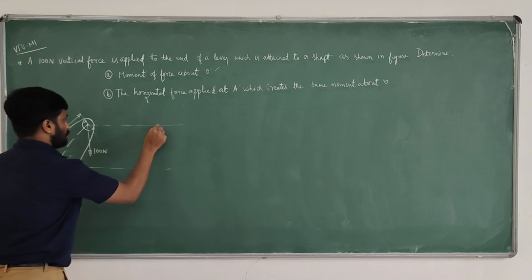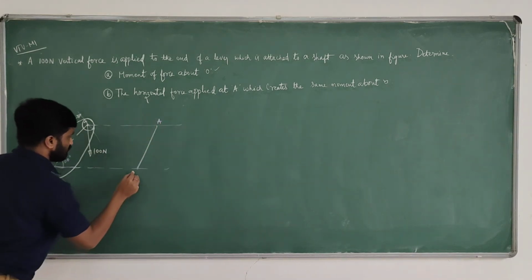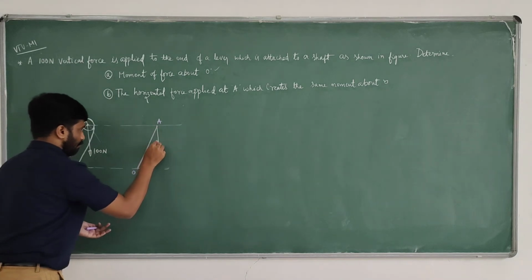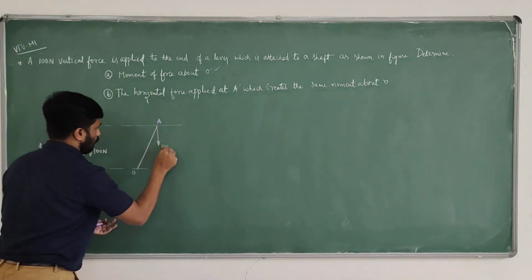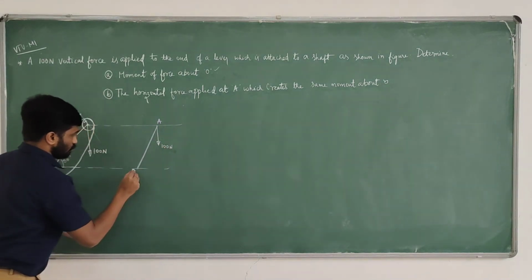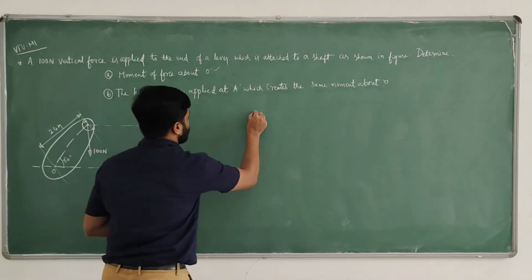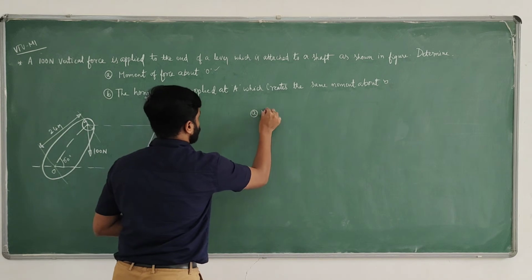This is point A and this is point O. At point A we have a vertical force of 100 Newton.